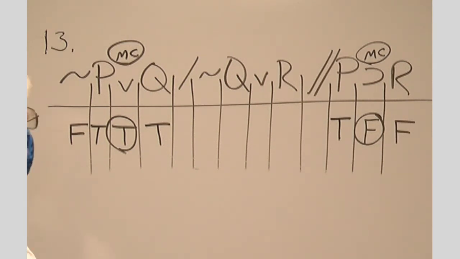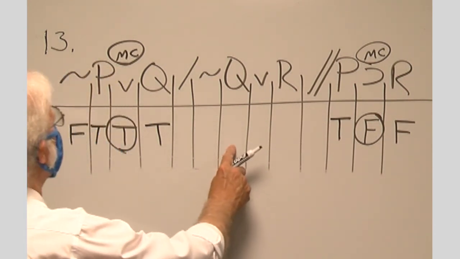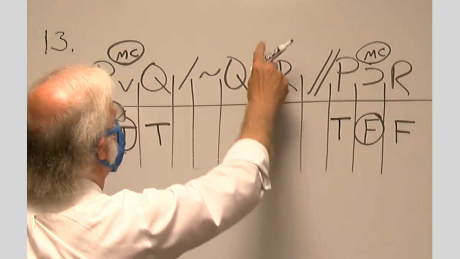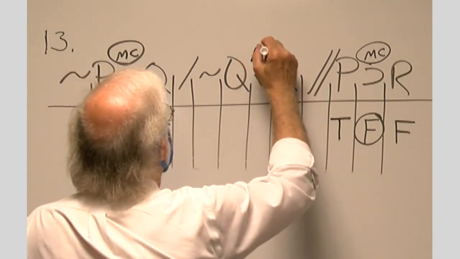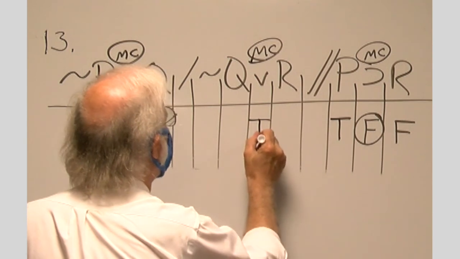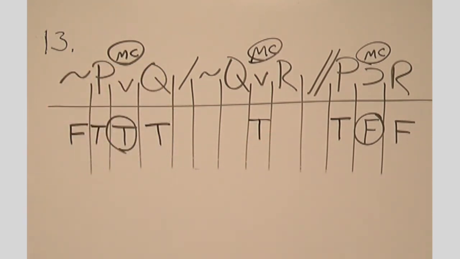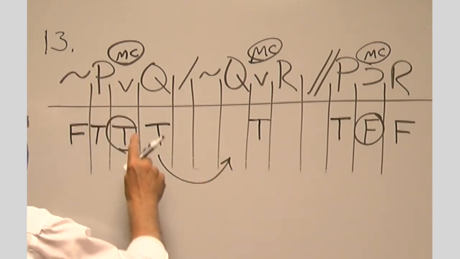Now let's go to the second premise. Here again, we could start with Q. We could start with R. We could start with the main connective. There's no one right way, but I do encourage you to set that main connective to be true, because otherwise you could forget. Now, just a second ago, we had deduced that Q is true.